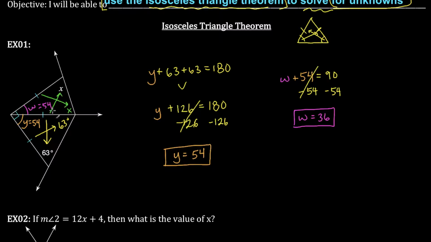So we have x plus x plus 54 should give me 180 degrees. So this is going to give me 2x plus 54.